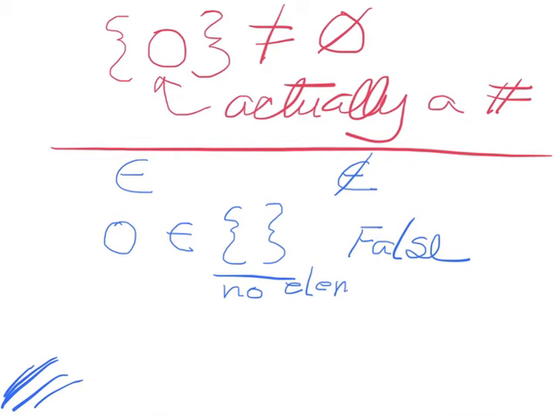So this is another way to say what we just said up above, that a set containing 0 is not the empty set, or even a single element 0 is not the empty set. So this would be a false statement, and to make it true, I would have to do that. Okay? So let's do a few examples of is an element of and is not an element of, so that you can see how this works.